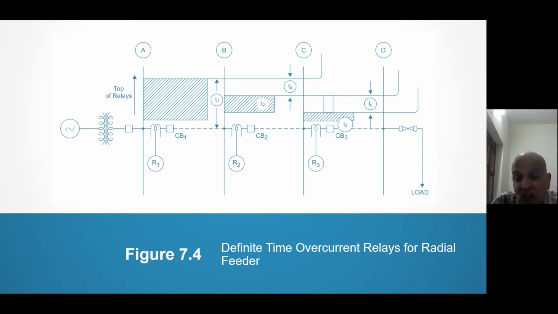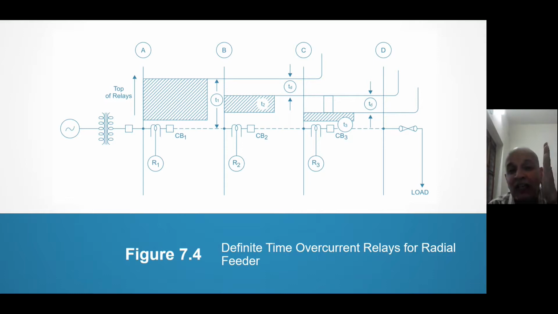The problem with instantaneous overcurrent relay was that R2 was not sensing the fault in line CD. Here, R2 has to sense, because if R3 fails, R2 has to give backup. So when there is a fault in line CD, R2 also senses and R3 also senses. Now which will operate? R3 only has to operate. If R2 operates, it is wrong.